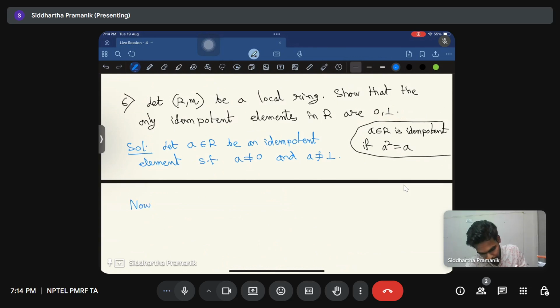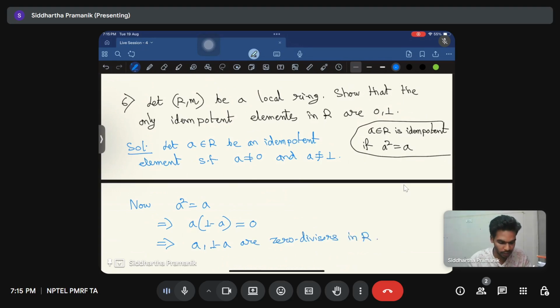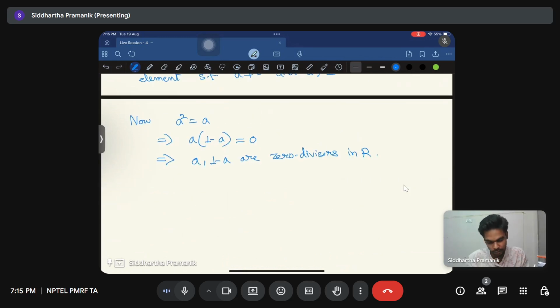But A is idempotent, so that means A squared equals A. So that means A times (1 minus A) equals 0. But A is non-zero and A is not equal to 1. So these two elements are non-zero and their product is 0. So this means A and 1 minus A are zero divisors in R. That means they cannot be units.